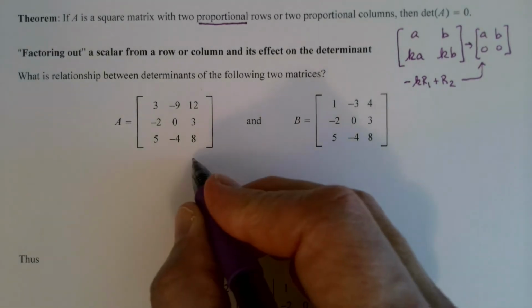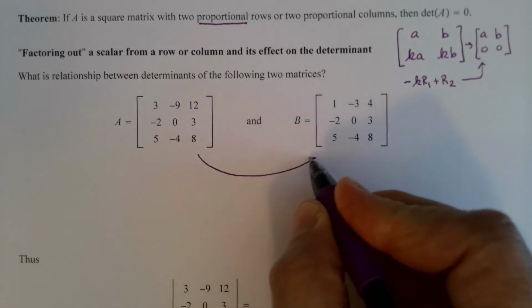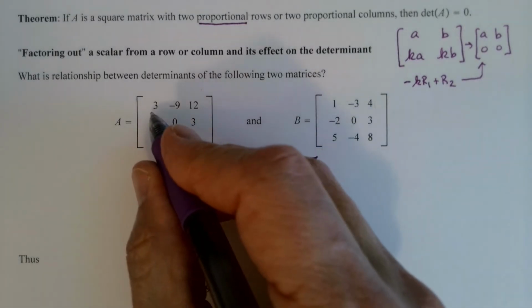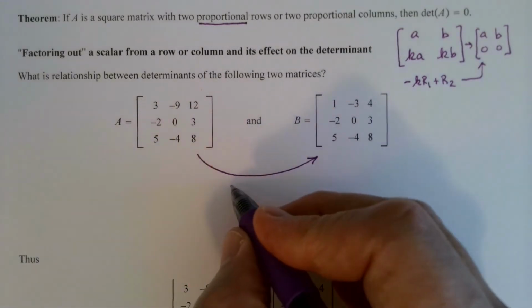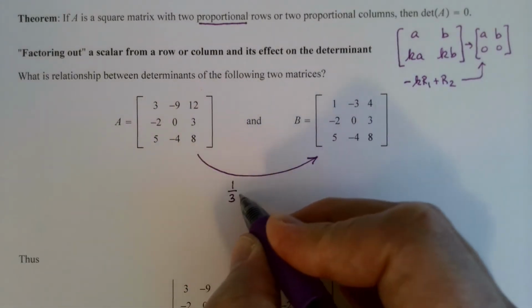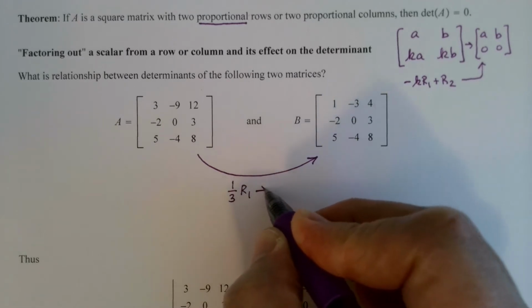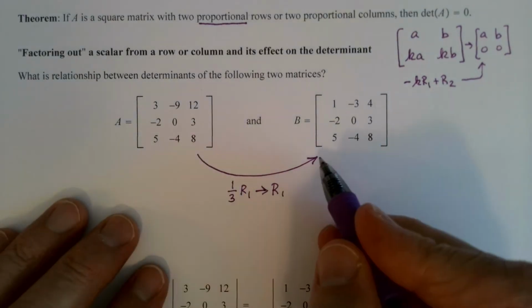Going from here to here, we have basically row 1 multiplied by 1/3. So 1/3 row 1 is replacing row 1, going from A to B, all right?